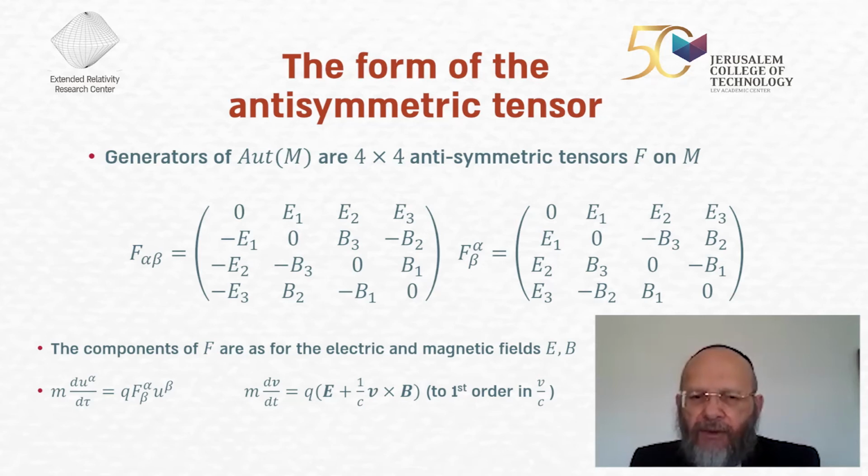Here, for the electric field, we have the charge alpha, which can be taken to the other side as K, and then you have this tensor F acting on U. If you expand this to first order in v over c, you get the famous formula m dv/dt equals q (E plus 1/c v cross B).